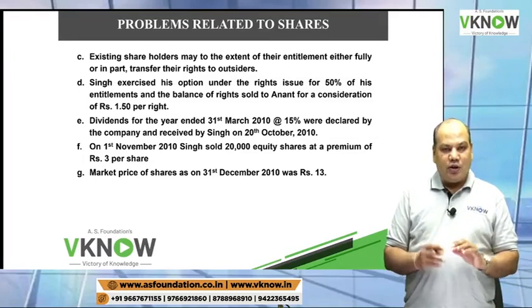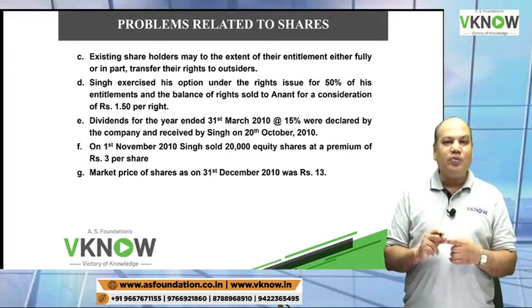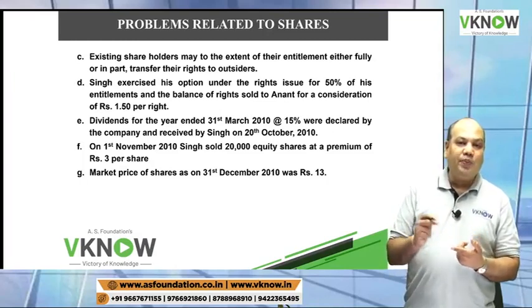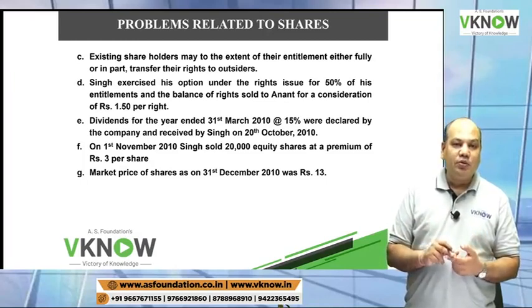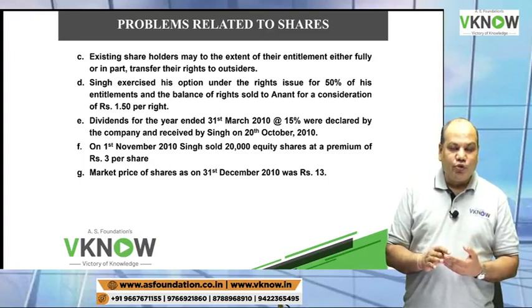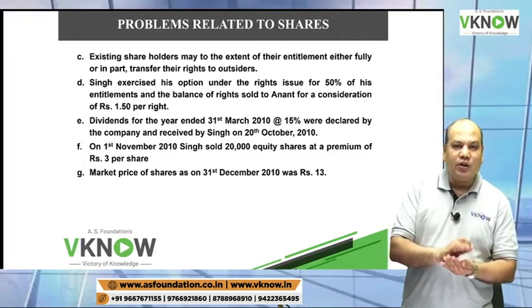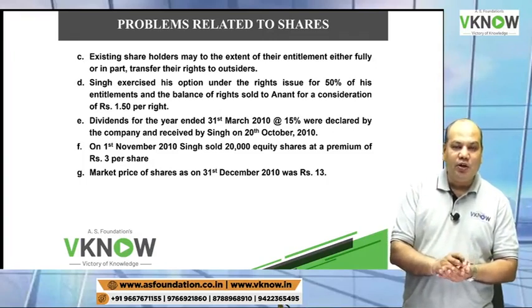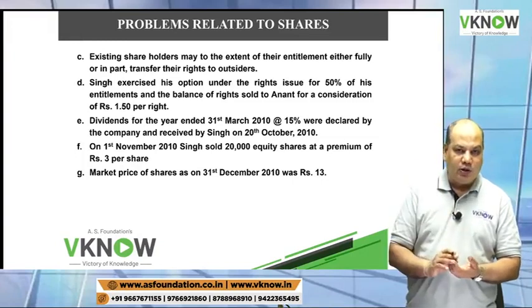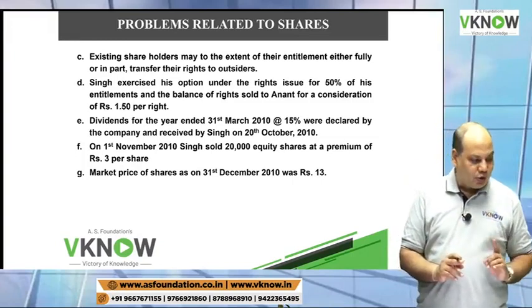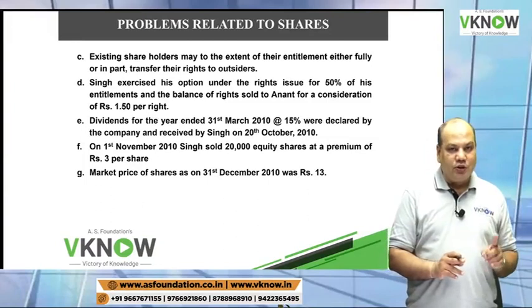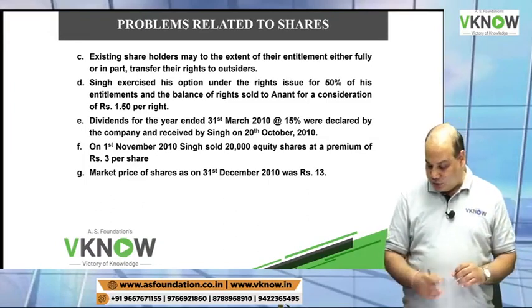The answer is dividend is paid to that member whose name appears in the register of member on the record date. So if Singh's name appears in the register of member on the record date, Singh will receive dividend, not the previous shareholder from whom Singh has acquired the shares.